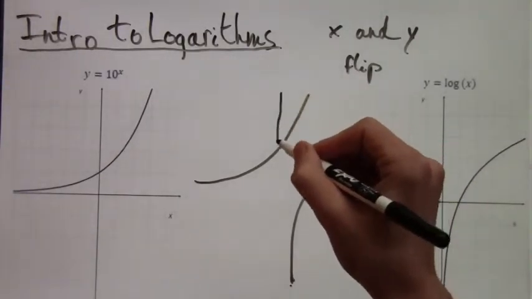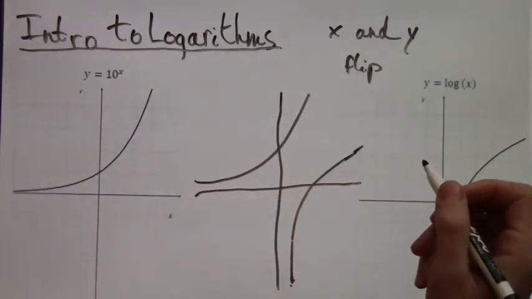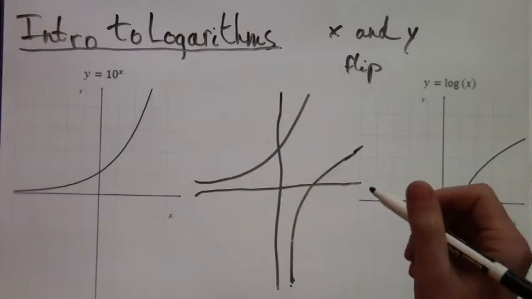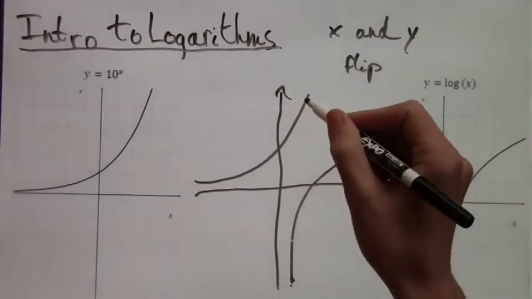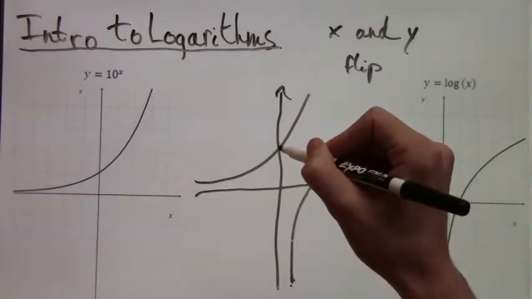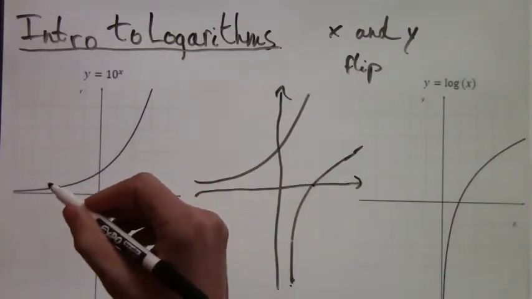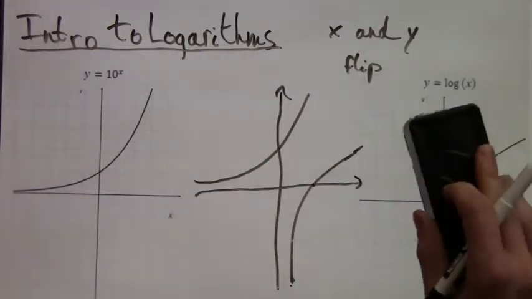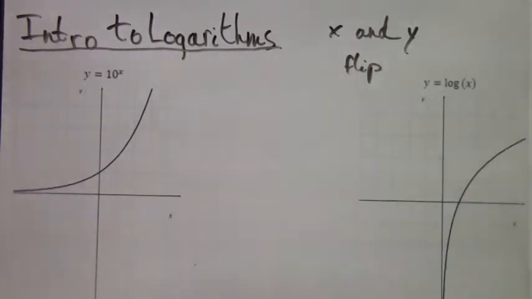What's important to notice here is that these graphs are actually mirror images. If you take, for example, where the points intersect the y and x axes, those are perfectly flipped.